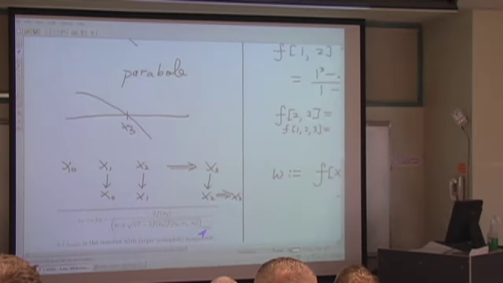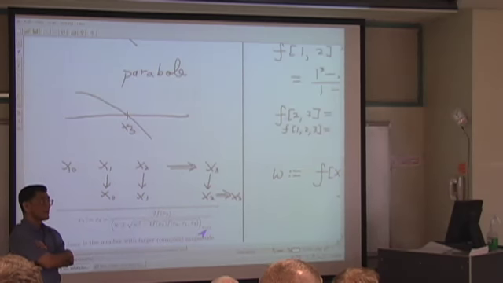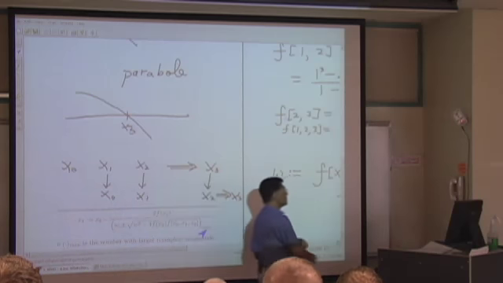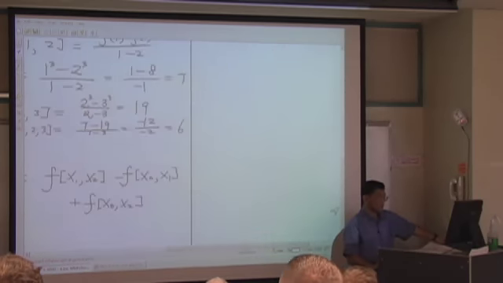Any questions? Yes? In all these examples, you kept them in order. Does it matter? Does x0 have to be less than x1, which has to be less than x2, etc.? Are they completely arbitrary? Good question. Very good question.